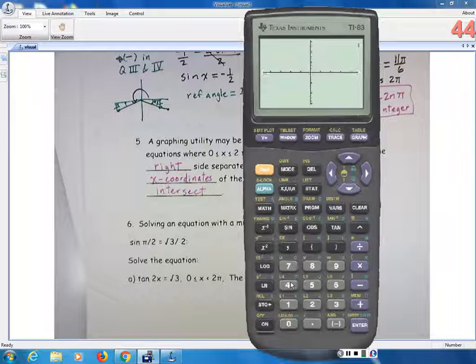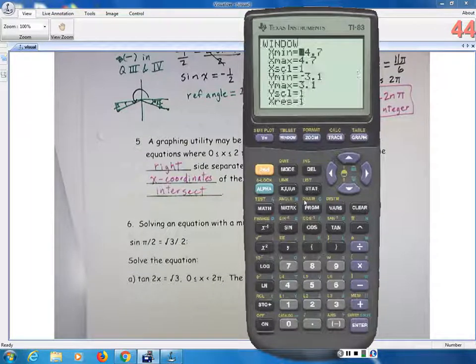Just remember, wait a minute, did I type it in wrong? Sine x and negative a half. So when I hit graph, do I still have to change the window?